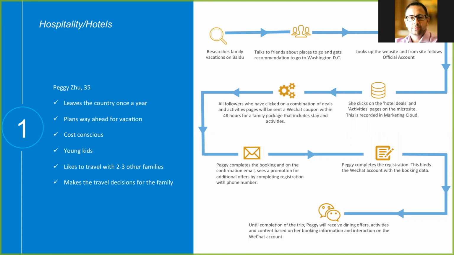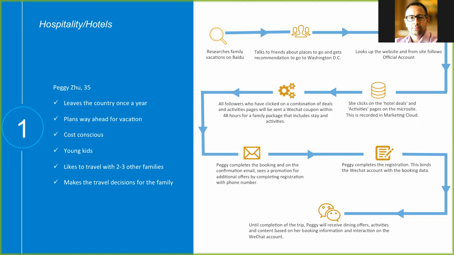While she's doing that, all of those clicks that she's clicking on and looking at the hotel deals, they're being recorded in Marketing Cloud. And if there was no Marketing Cloud, they'd be recorded anyway in WeChatify. But the next step is automated if it's got Marketing Cloud. So our system is looking at that data in conjunction with Marketing Cloud and sees that someone clicked on hotel deals.